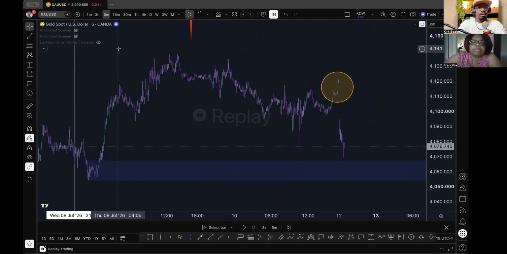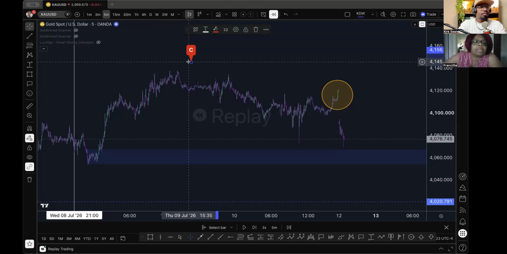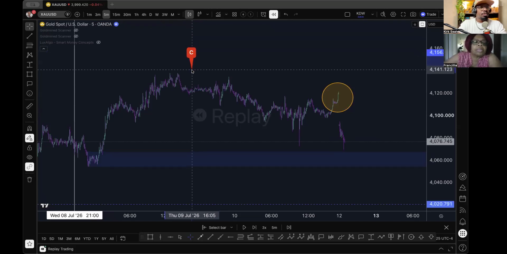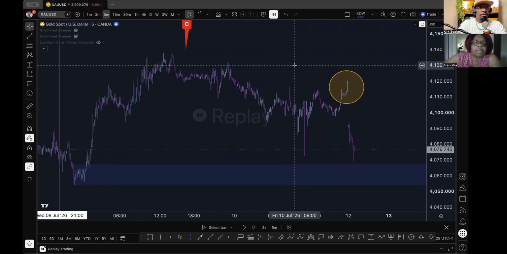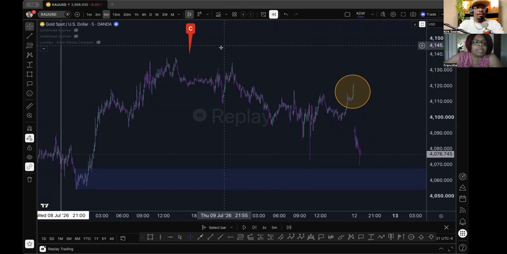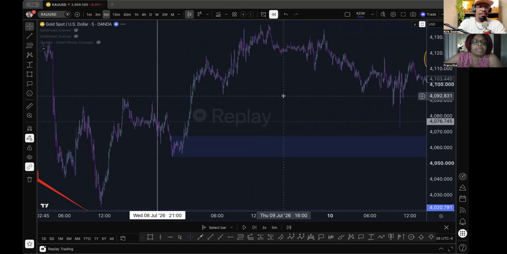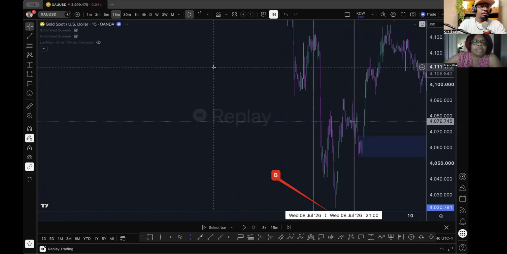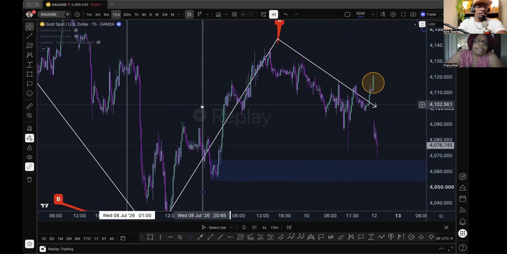So let me bring this down. Since we have so much detail on the screen right now, C doesn't look like it's at an exact point. So let me delete some of these lines, but we just want to keep this together.